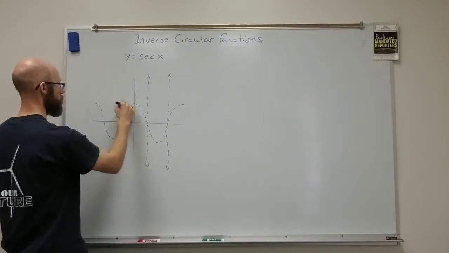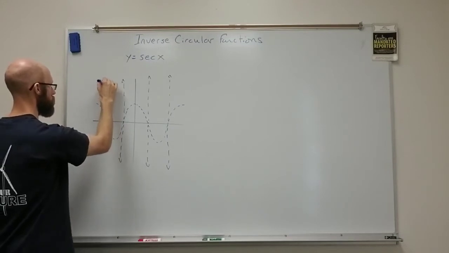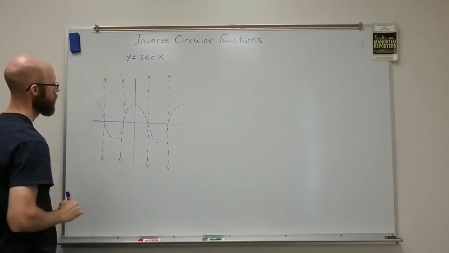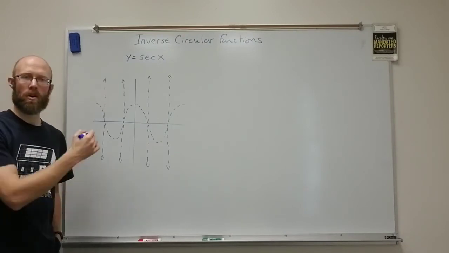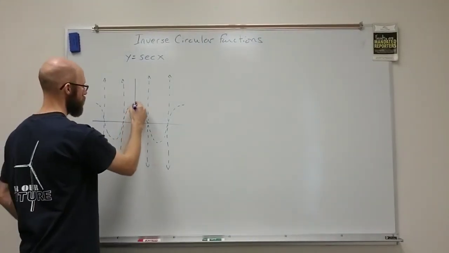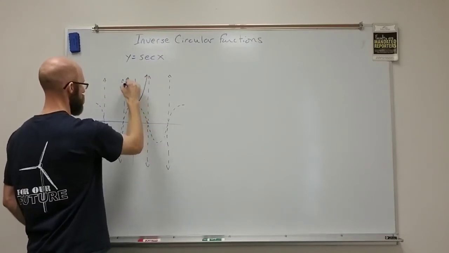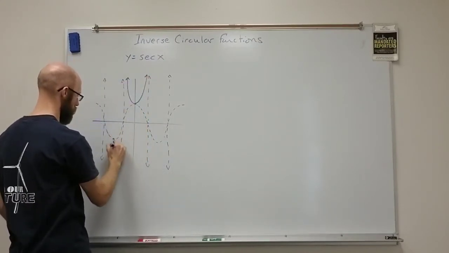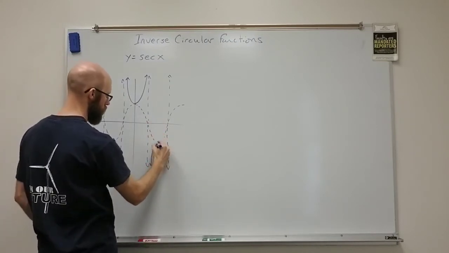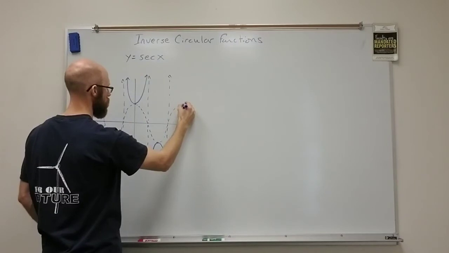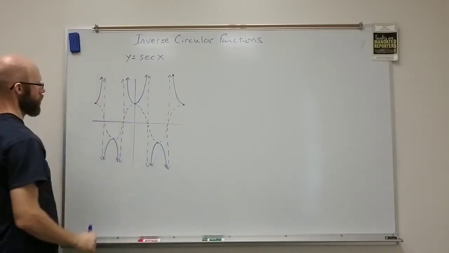So we'll do this quickly. It's probably not a great scale, but that's okay. Okay, so there's my cosine graph. Now the secant graph is going to fit in here, just like the cosecant with the sine. Okay, something like that.